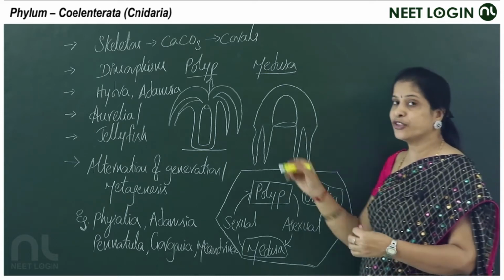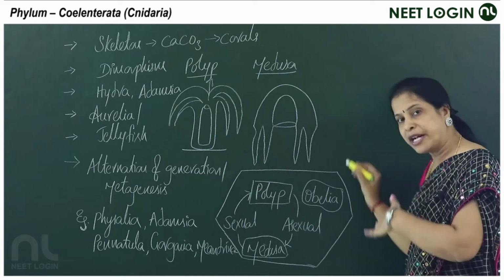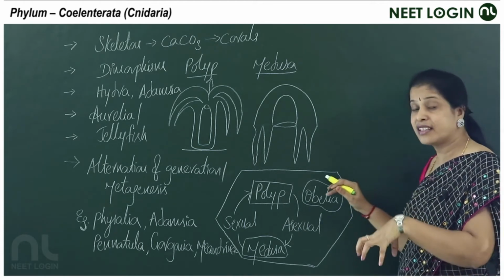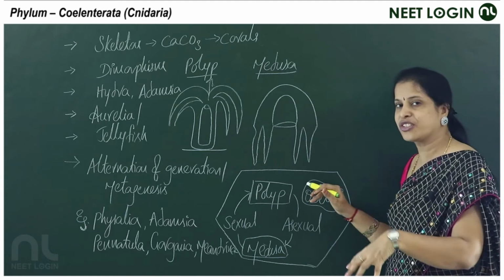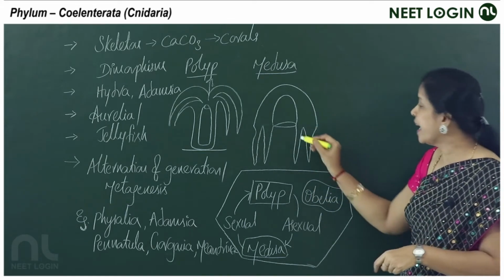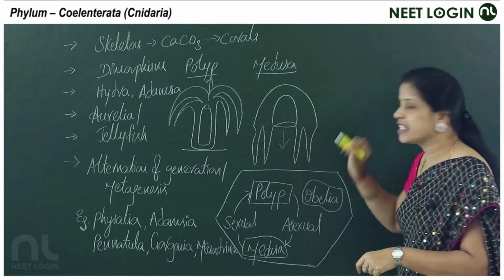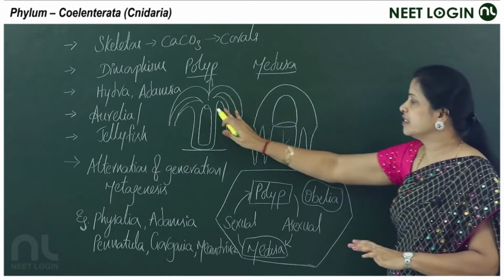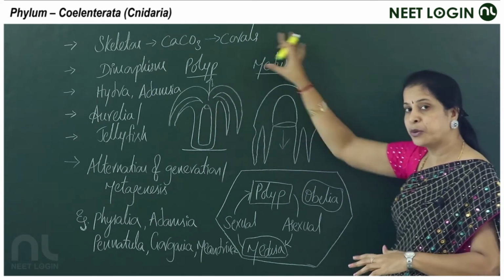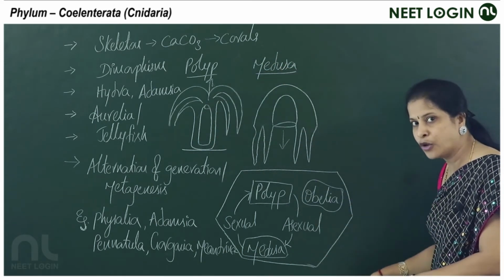And coming to the medusoid forms. In the medusoid forms, you are observing these are umbrella shaped structures and these are free swimming forms. And in them, the mouth is oriented downwards. This is a cylindrical body, this is umbrella shaped; here the mouth is oriented upwards, here the mouth is oriented downwards.